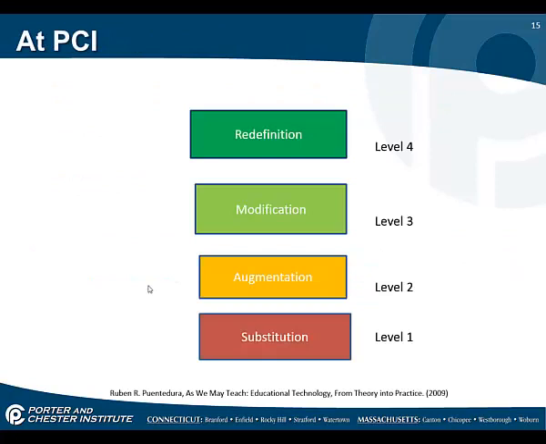Now, level 4, which is the redefinition. Redefinition is when the technology is allowing for the creation of new tasks that were previously inconceivable. Let me say that again. Technology is allowing the creation of new tasks that were previously inconceivable. Now, there is a little bit of a fine blurry line between that one and that one.